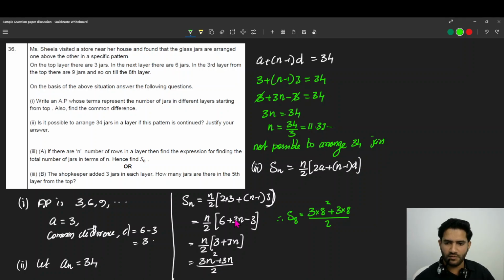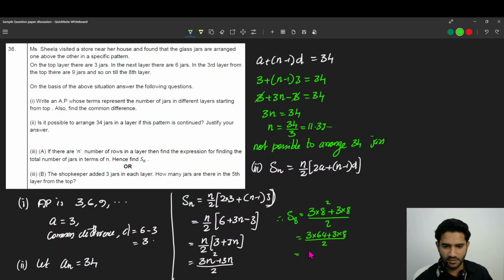So if you want, we can divide here. So 3 into 8 into 8, 64. 3 into 64 plus 3 into 8 divided by 2.